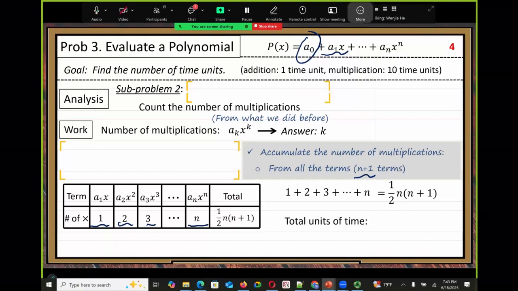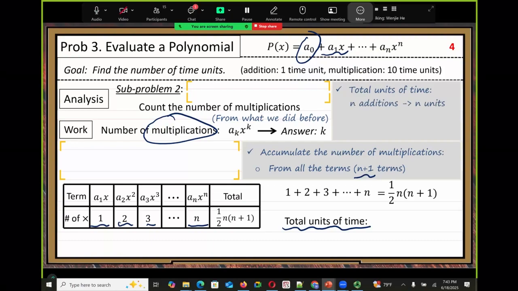But remember, we are counting the number of multiplications, and we need to convert to some unified measure. So we need to use the time units. We need to calculate the total units of time for the multiplication. How much is that?